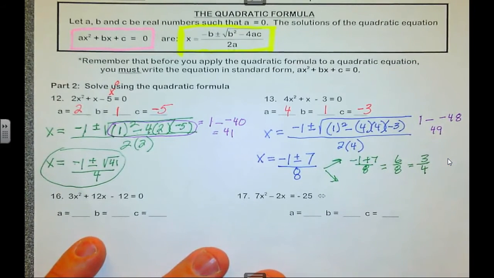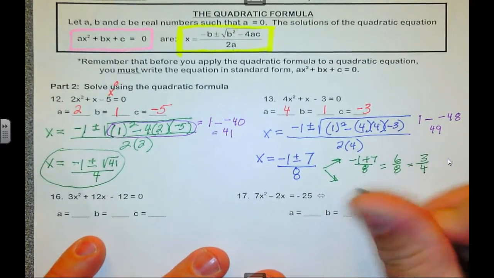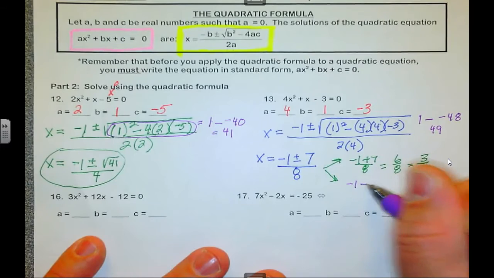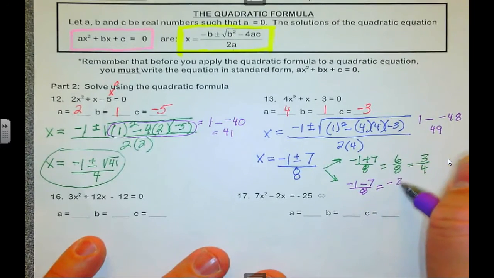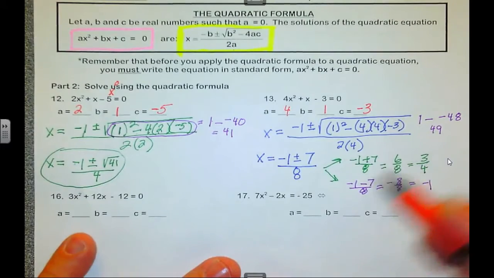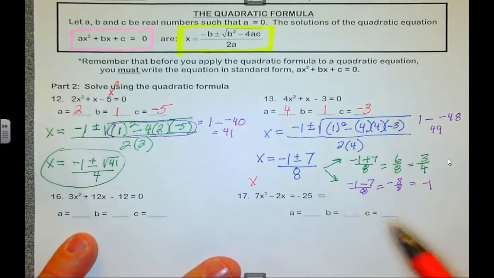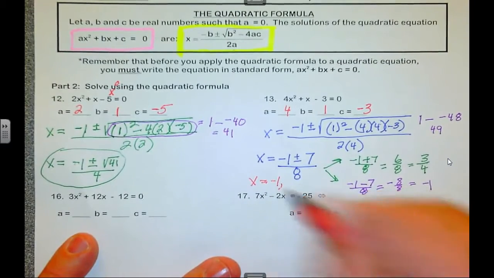There's one of my answers. My other answer, negative 1 minus 7 divided by 8 equals negative 8 over 8, which equals negative 1. So x equals negative 1, 3/4.